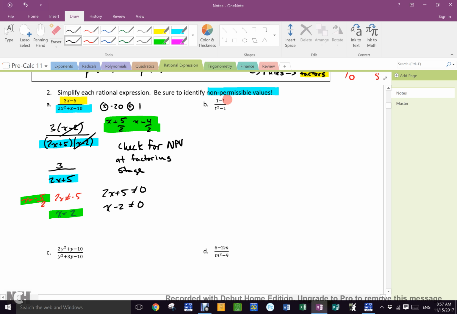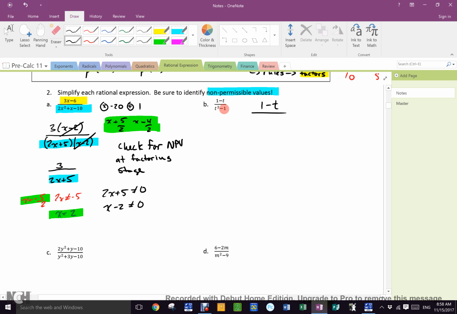Does the numerator factor? Does it? No. So the numerator is staying the same, 1 minus t. Does the denominator factor? Got to think back to grade 10. We reviewed it a little in grade 11.